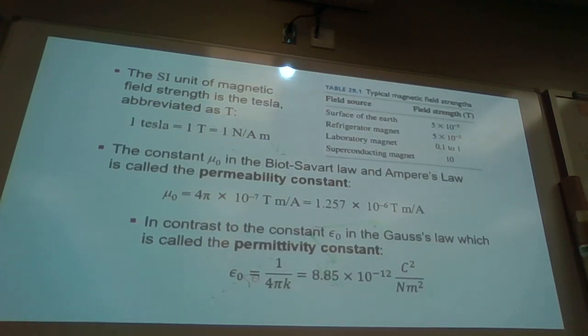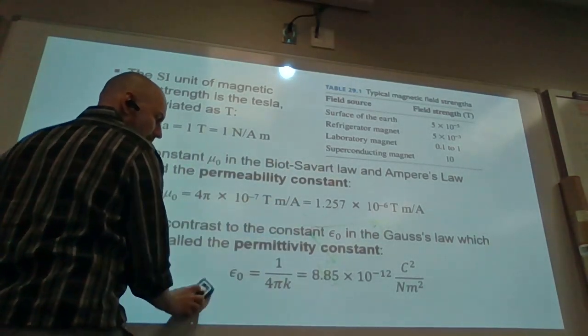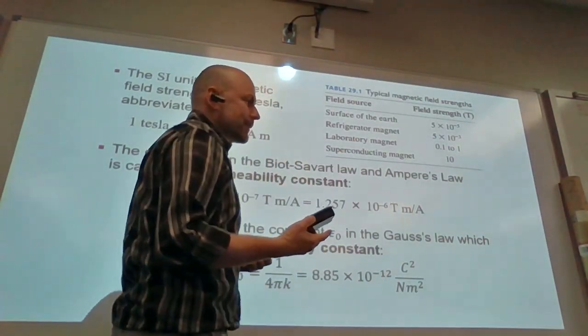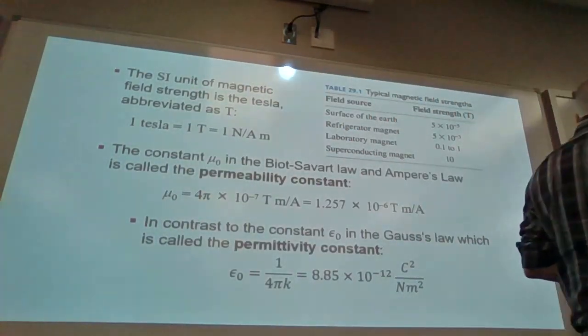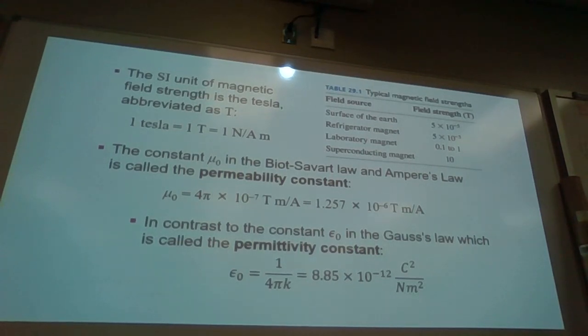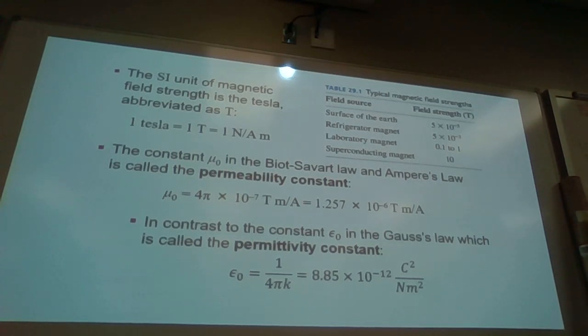So Tesla is the SI unit. It's a big unit. One Tesla is a big magnetic field. The surface of the Earth is 5 times 10 to the negative fifth. A refrigerator magnet is 5, so this is like 100 times stronger. Someone was asking how strong is Earth's magnetic field? 100 times weaker than a refrigerator magnet.